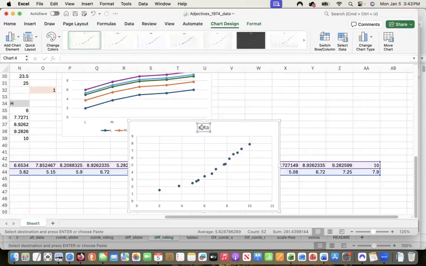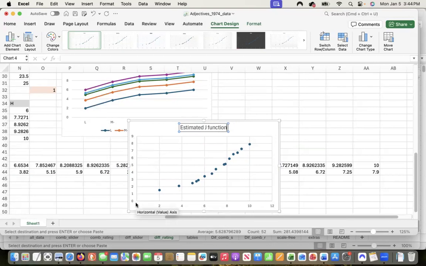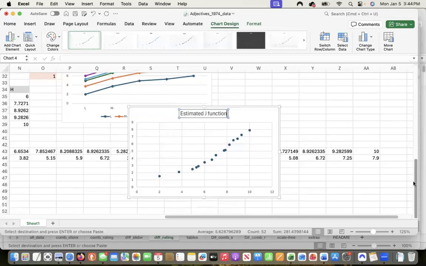This is the estimated judgment function, which is in theory the transformation between, on the x-axis, the theoretical value, and on the y-axis, the observed judgment. That's the bias in the response scale.